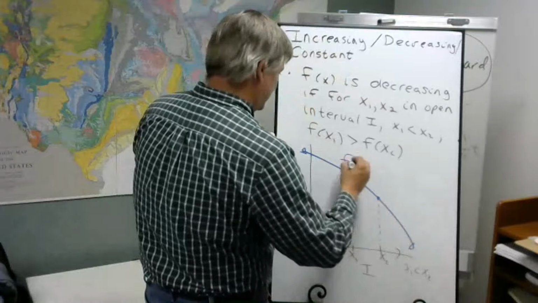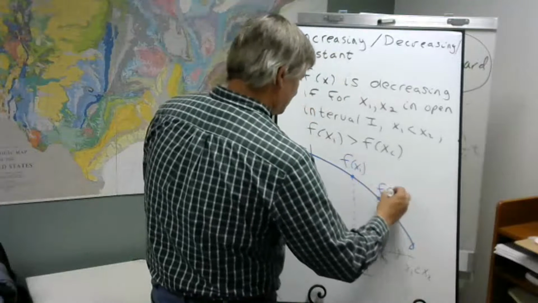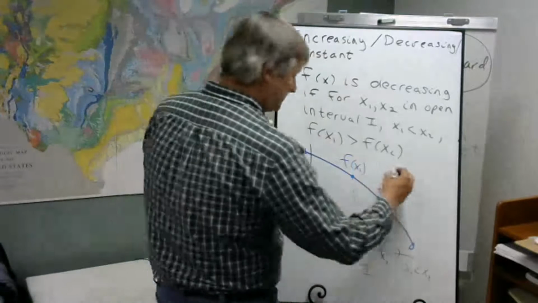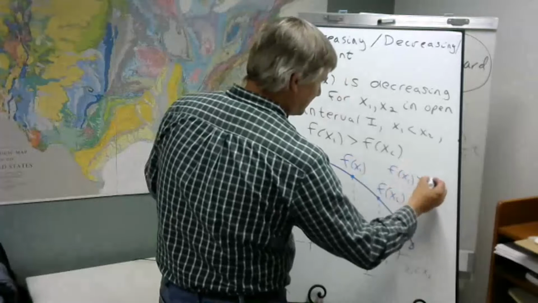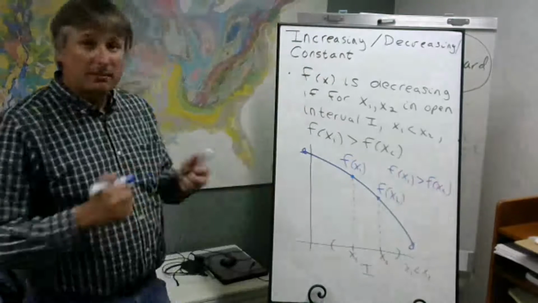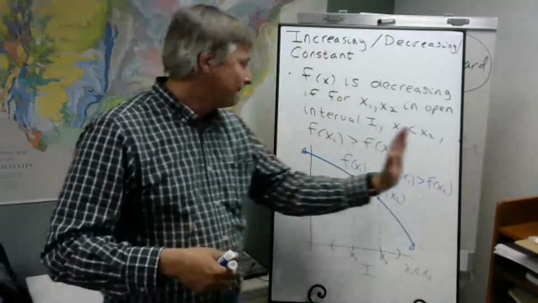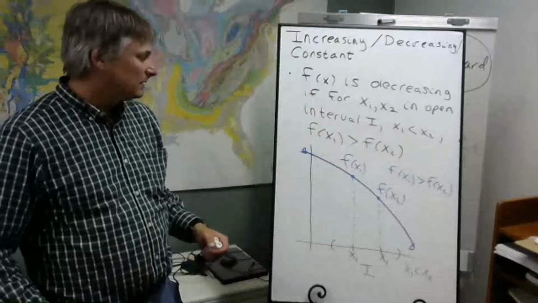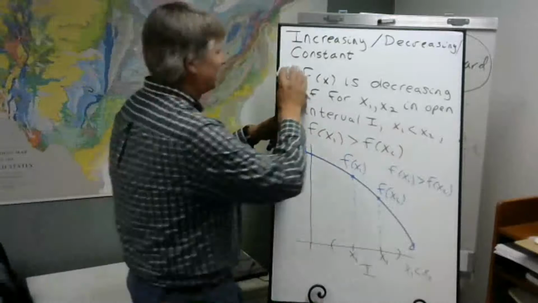And so here's f of x1, here's f of x2. And so what we'll get, f of x1 is higher than f of x2. And again, when we think about decreasing, we're looking as f of x drops going from left to right. So that's decreasing. How about constant?